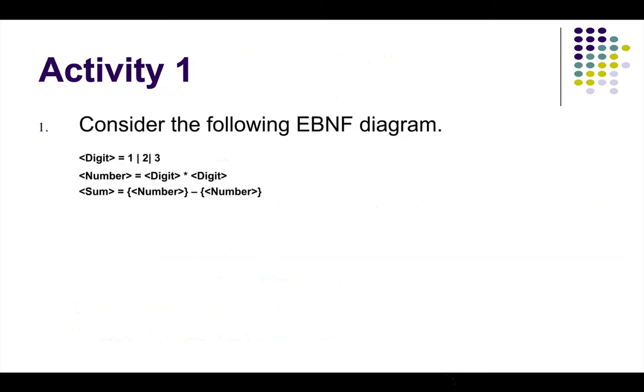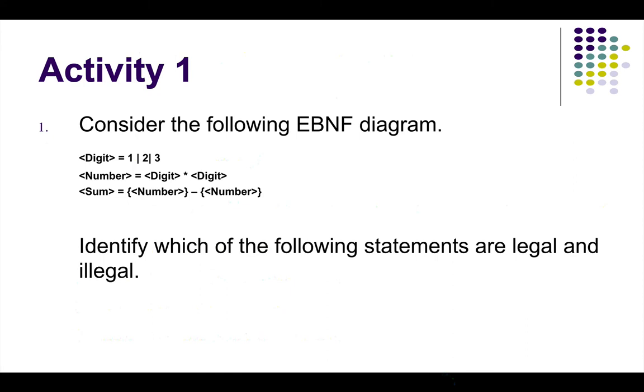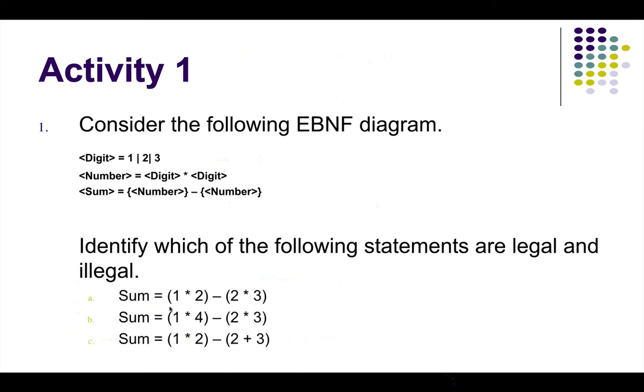Okay, so what you often get is something with multiple layers. So if you have a look here, it wants to work out which one of these sums follows the syntax rules or is legal or illegal. And if we look up here, it says sum equals a repetition of numbers minus a repetition of other numbers.